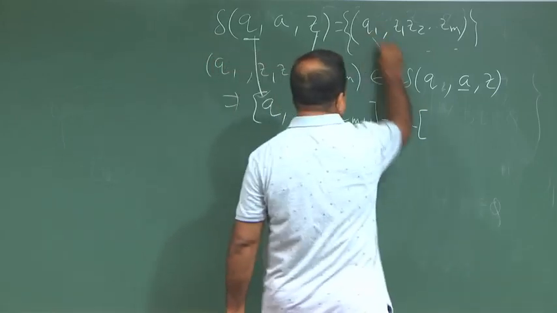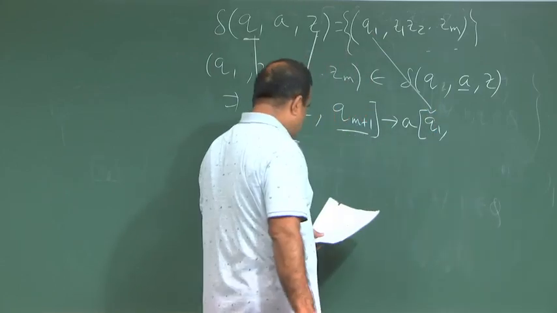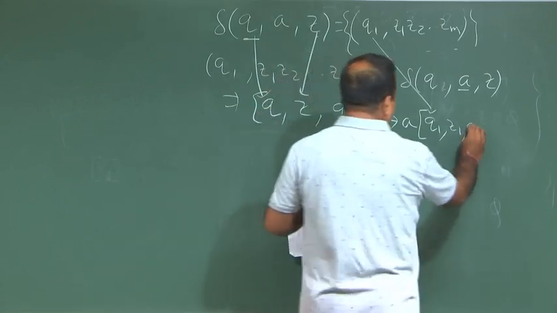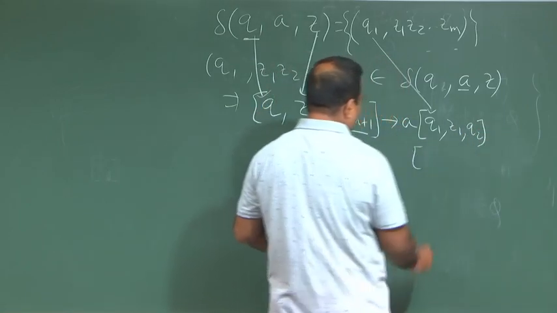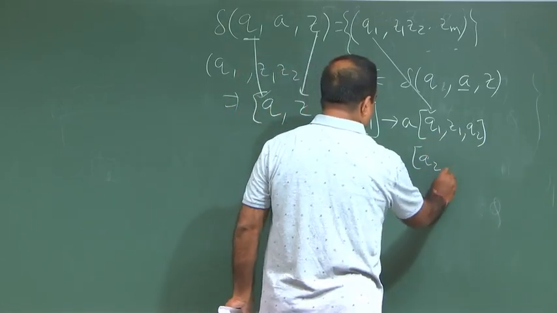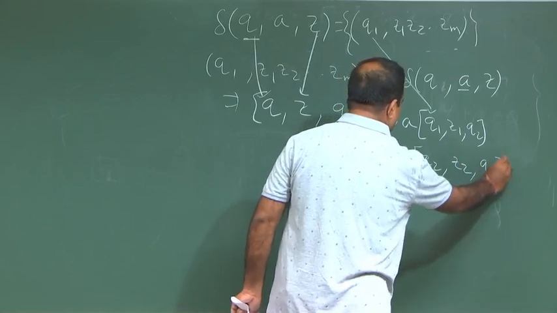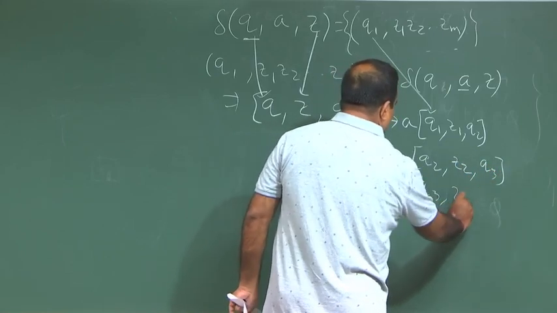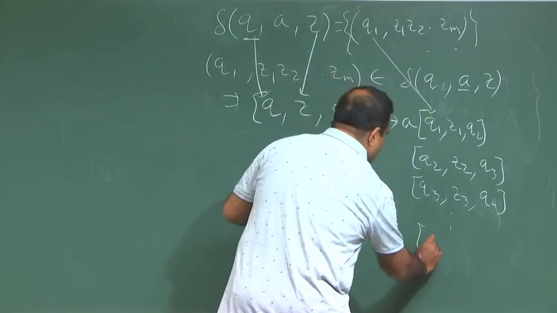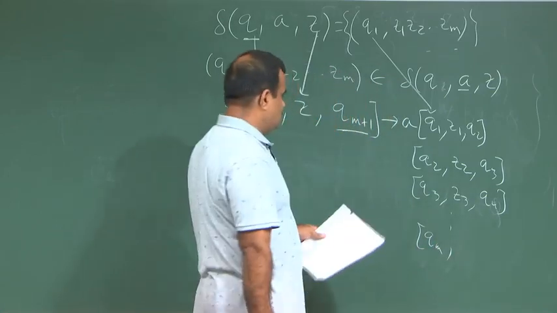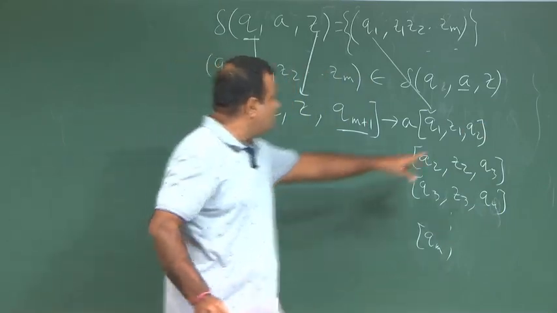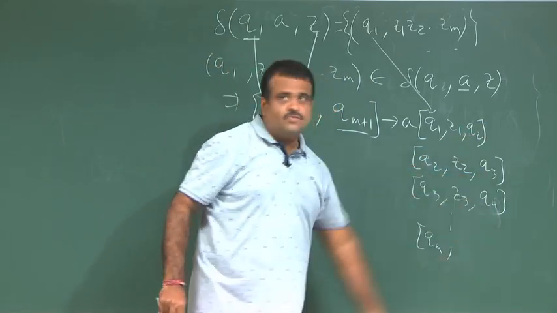Q 1 we have no choice, this Q 1 will come here, and then we have Z 1, then we can take Q 2, we have a choice over here, followed by Q 2 Z 2, then Q 3, Q 3 Z 3, Q 4, dot dot dot, then finally Q m. These are all options, these are any states. This Q 2 is any state, but if this is Q 2, this has to be Q 2, then Q 3 is also any state.